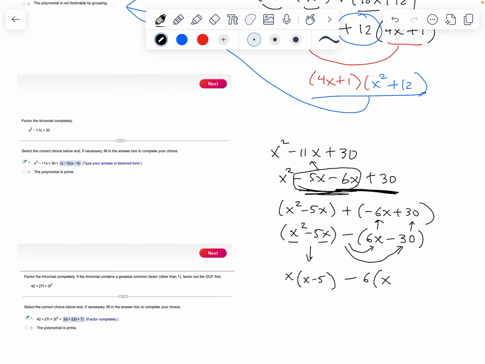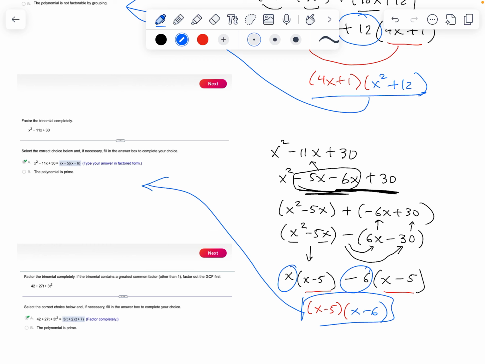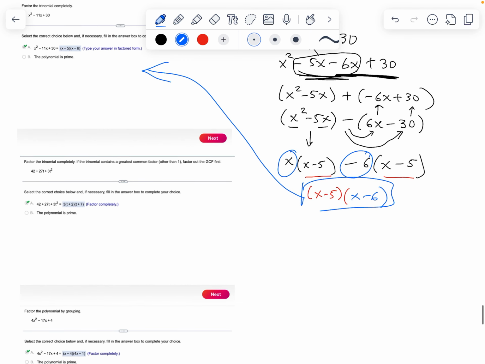If we pull out 6, x will be left alone here, and 5 will be left, because 6 times 5 is 30. Again, we find ourselves in the scenario where we have x minus 5 and x minus 5. So we write x minus 5, and then we write everything else that's remaining: the x and the minus 6. So that's the factorization.